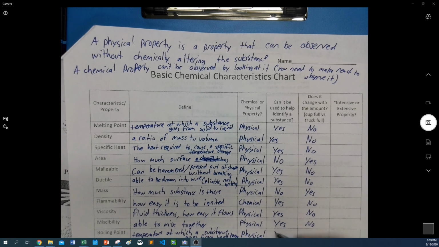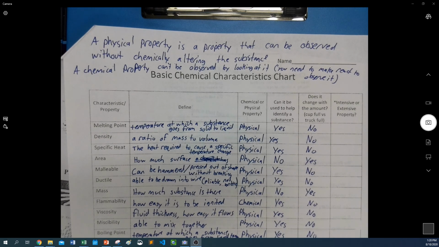Yes, it can change. That's one of the primary ways of extracting and separating chemicals apart, is boiling off one chemical and throwing away the gas, or collecting the gas and turning it back into a liquid in a different container. And no, it doesn't change with the amount.